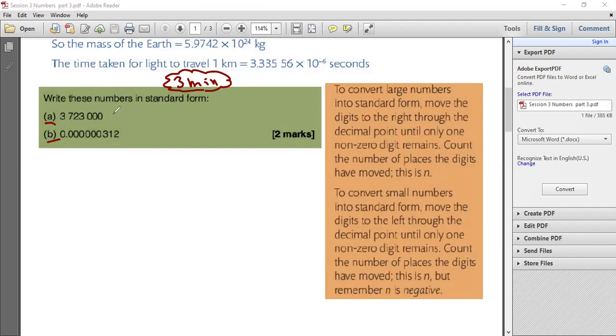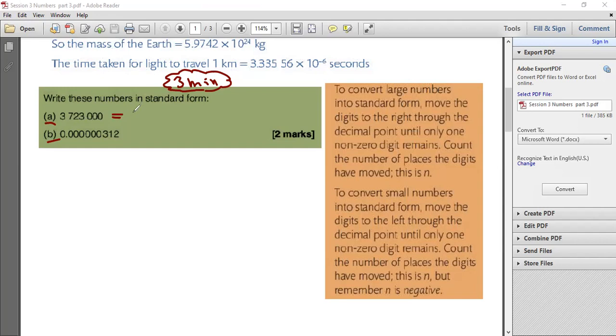Okay, Layla, can you do the first one? I'm not sure, but I think it will be 3.723 multiplied by 10 to the power 3. We can do it together, no problem. I will write here.